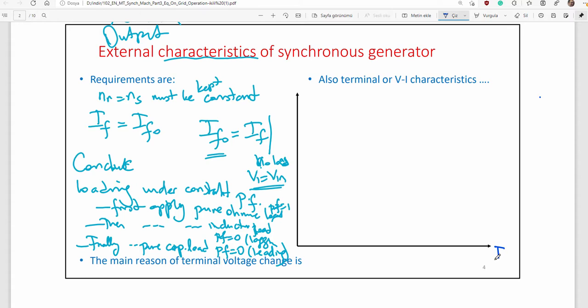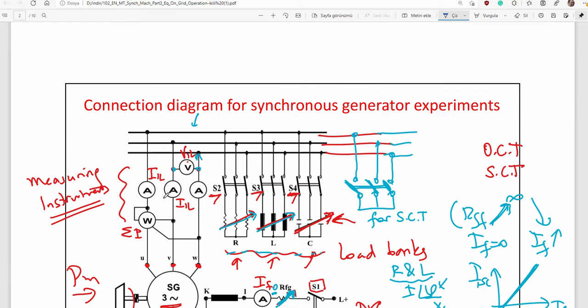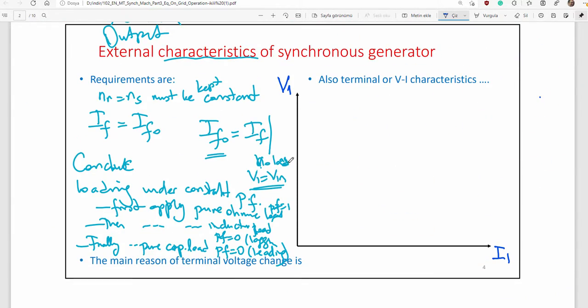Initially, here you see V1 versus I1. But remember, you measure line-to-line voltage and line current. So consider whether the machine is connected star or delta, and by using line parameters, decide how to use square root 3, and then calculate V1 and I1, and then draw the diagram.